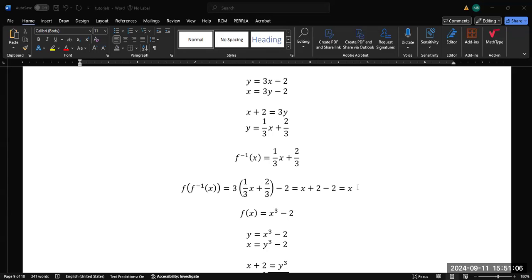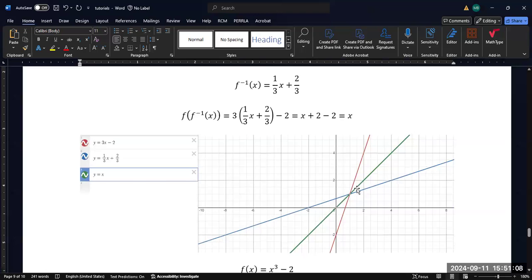Now, if we look at our graph, and I'm going to insert it here, you can see that the original equation is your 3x minus 2. Your inverse is the 1/3 x plus 2/3. That's the blue line here. And then I've also drawn on the line y equals x because that's the line of symmetry.